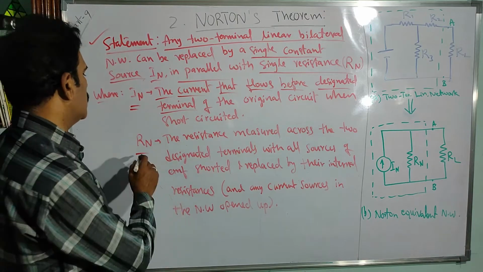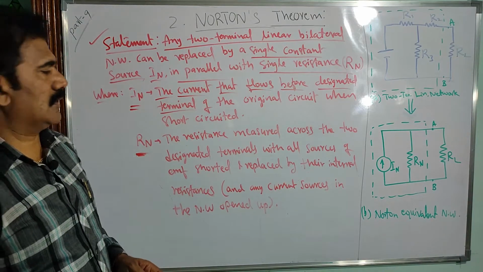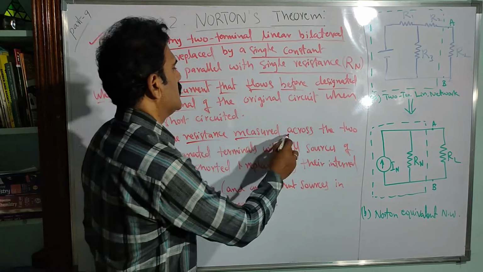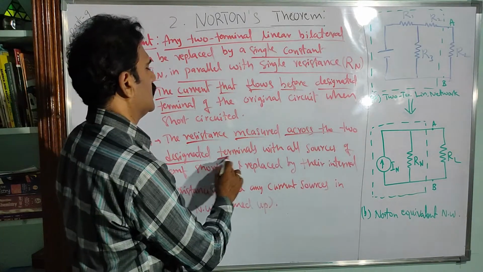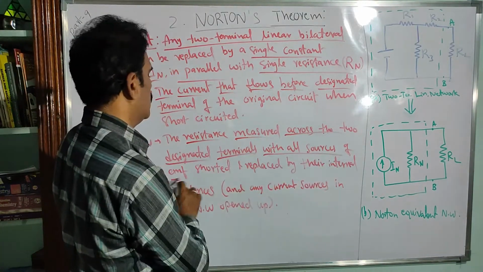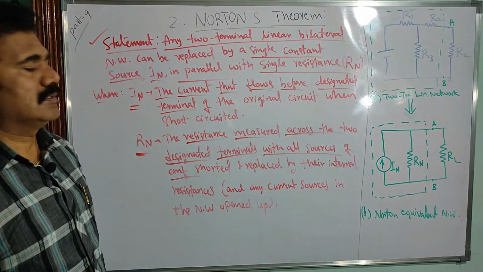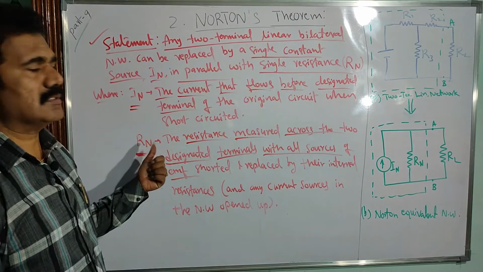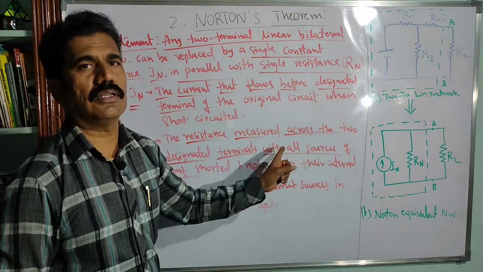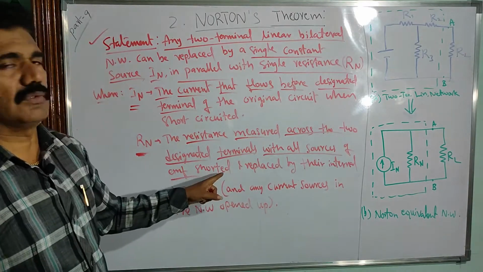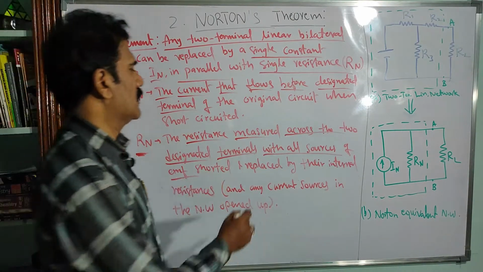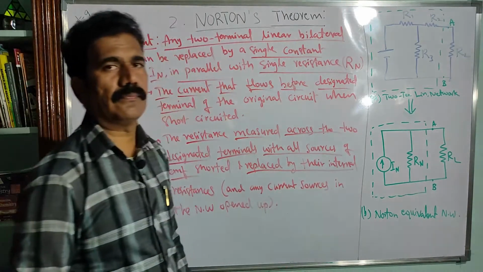Then RN is Norton's resistance: the resistance measured across the two designated terminals with all sources of EMF shorted. Whenever you measure Norton's resistance, all EMF sources must be short circuited and replaced by their internal resistance, of course.